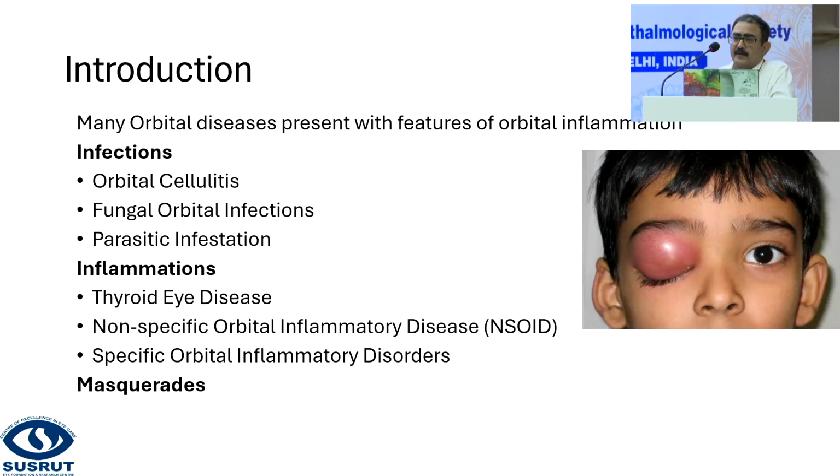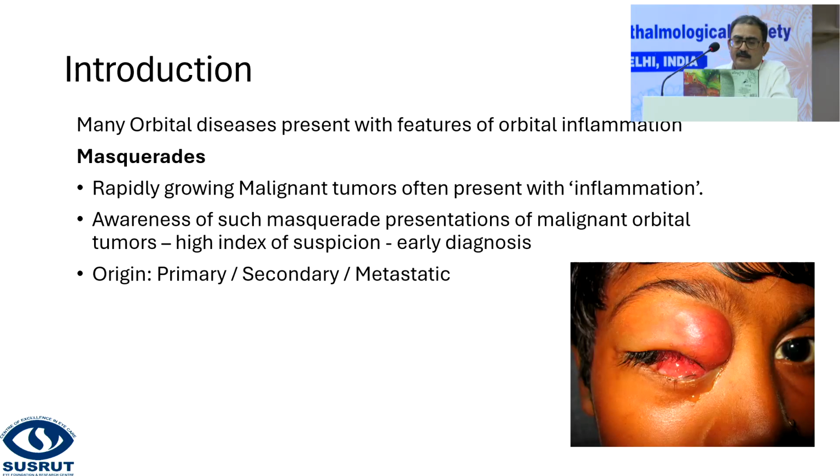Then comes the third entity. This is what we are all afraid of because this can kill the patient. Of course, some specific orbital inflammatory diseases can also kill patients. So if you have sarcoidosis, which is left untreated, you have vasculitis, which is left untreated, that too can kill your patient. So it's important to know when to go and do a biopsy and then treat.